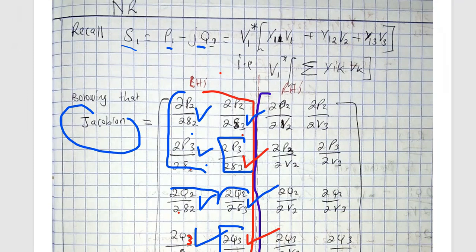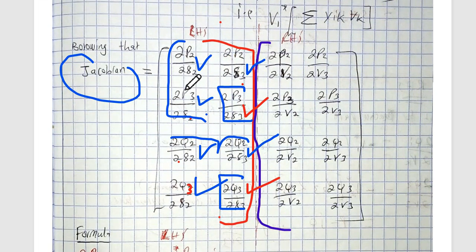We have done the left hand side, where you are differentiating these partial p's. The imaginary was giving us partial p's, but the real is giving us the partial q's.